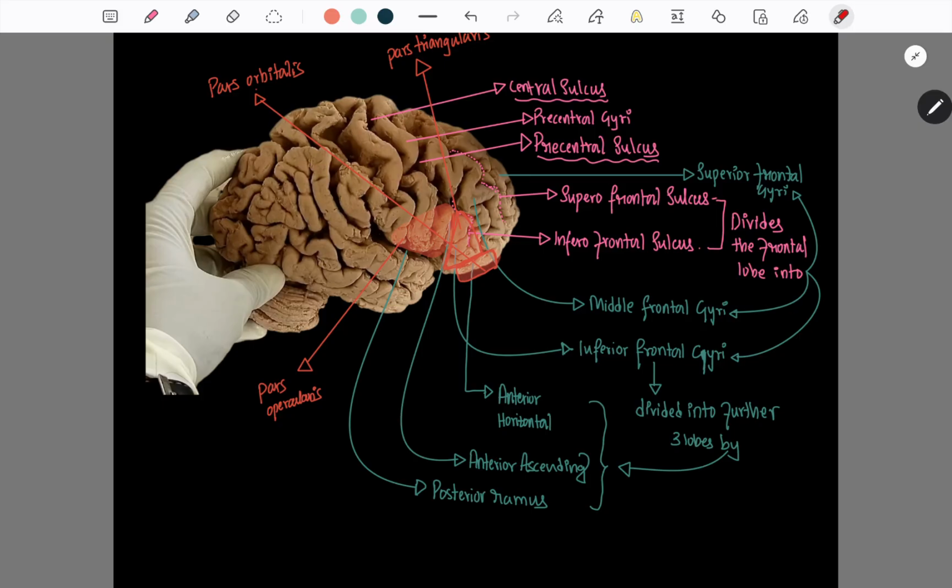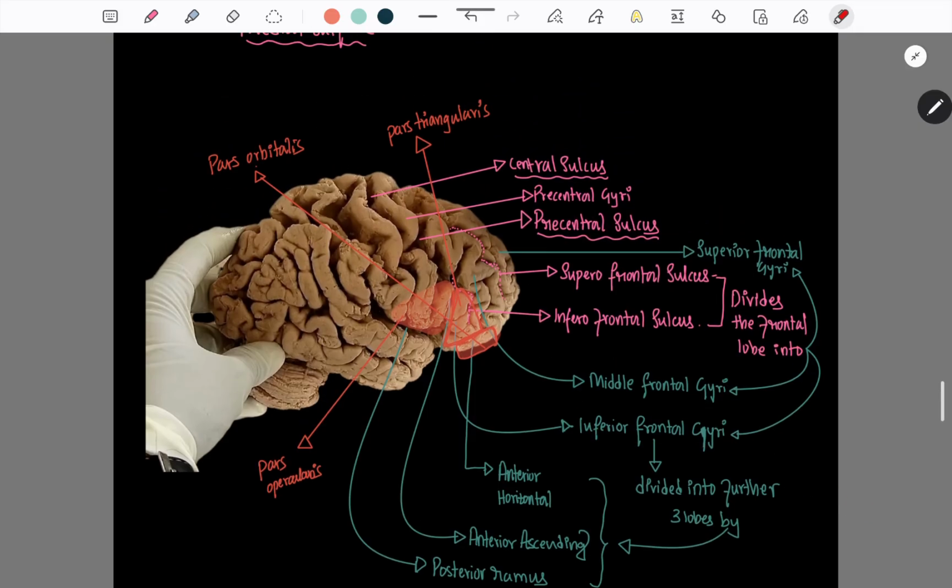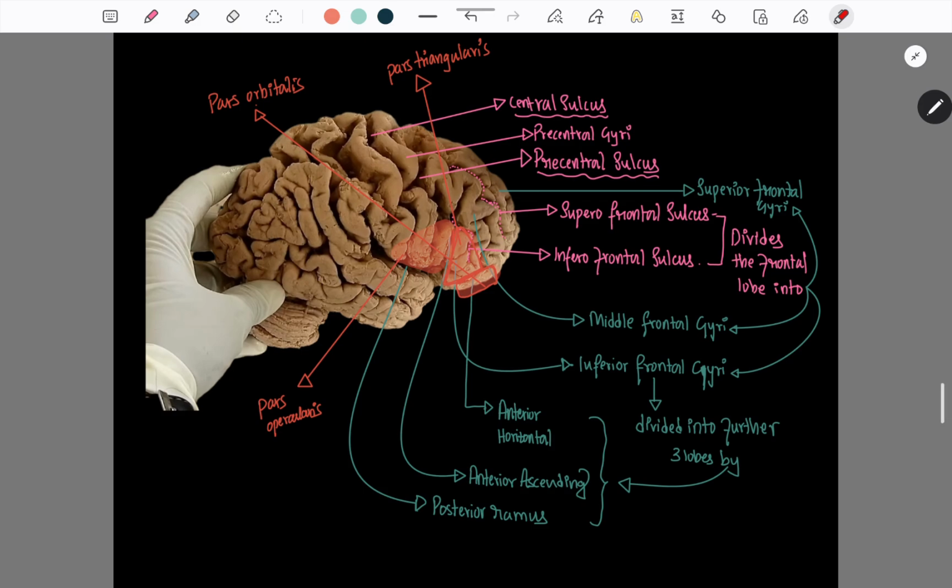They divide the inferior frontal gyrus into 3 parts. This is the first part, called pars orbitalis. This is the second part, called pars triangularis. This is the third part, called pars opercularis.